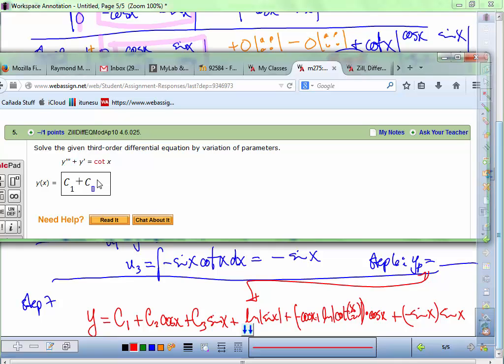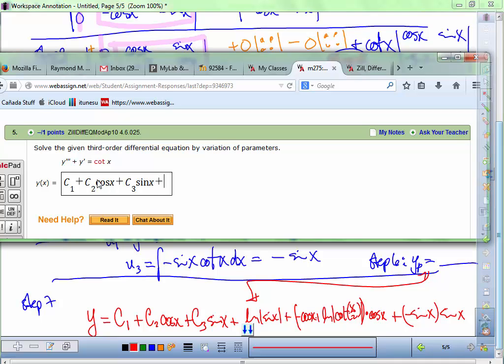If you press shift and underscore, you get that subscript kind of quickly. Cosine x plus c, shift and underscore, 3 sine x.